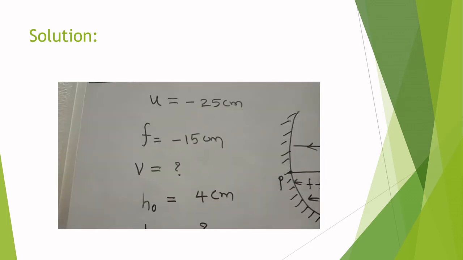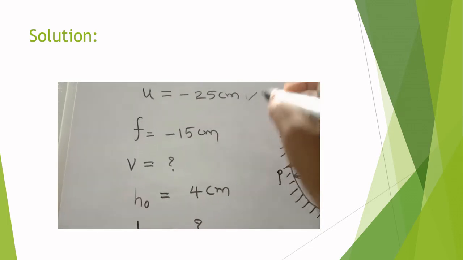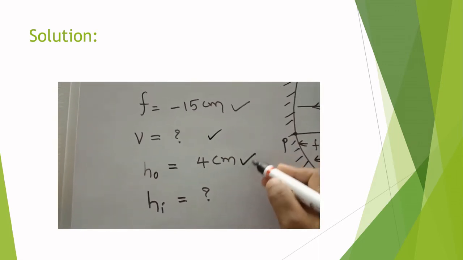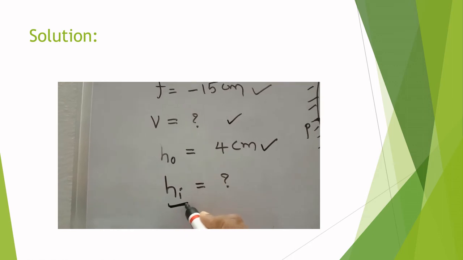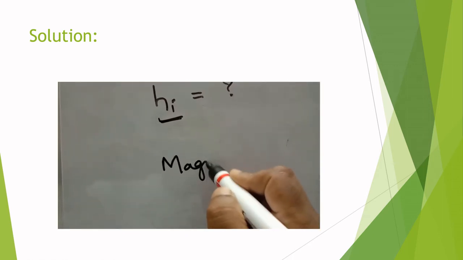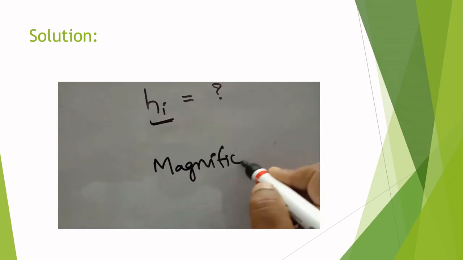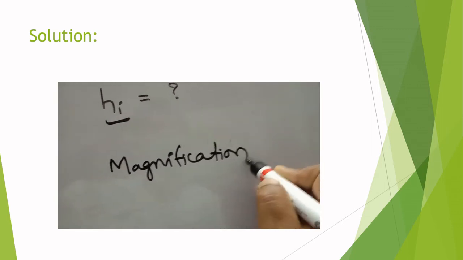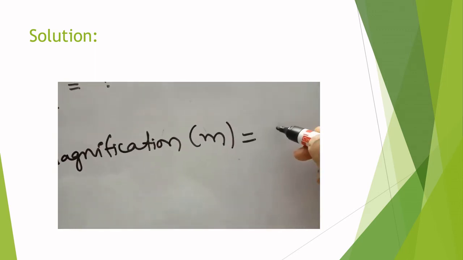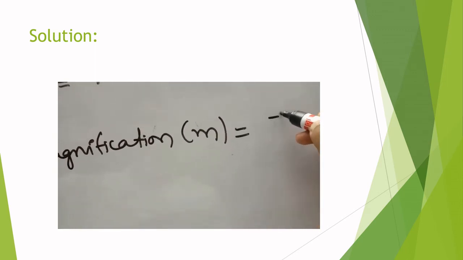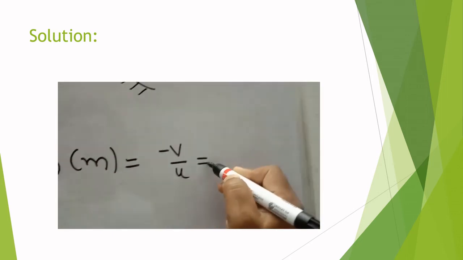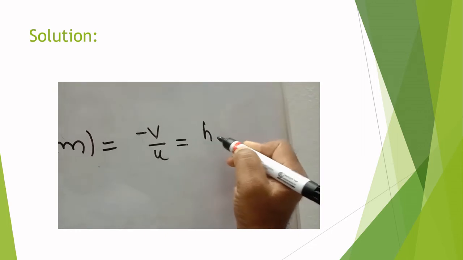Next we find the height of the image from the given values. So here we use the magnification formula. Magnification small m is equal to minus v by u is equal to hi by ho.